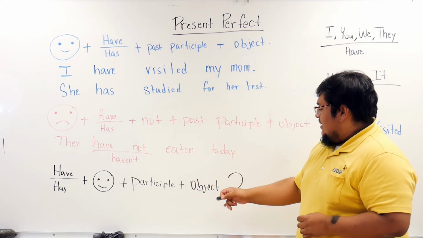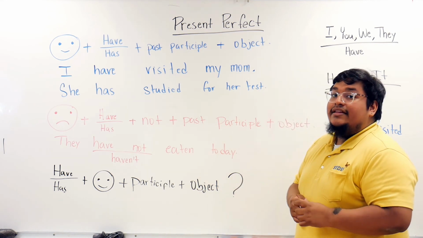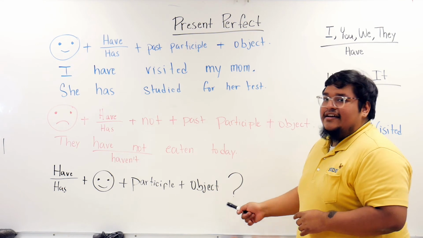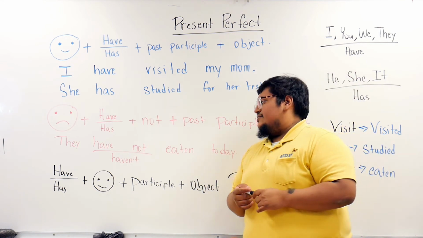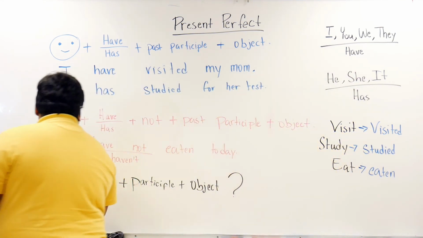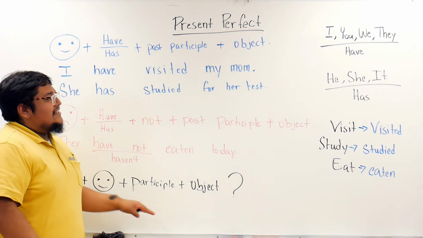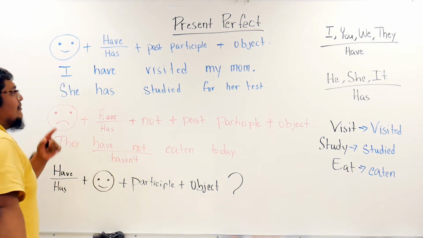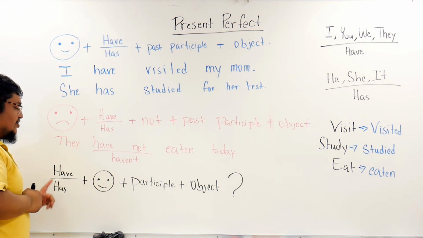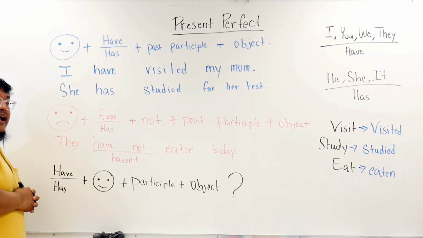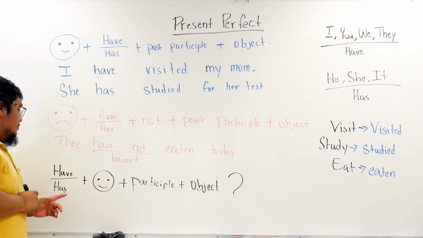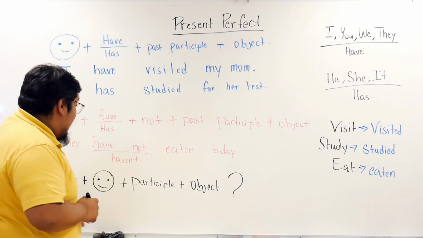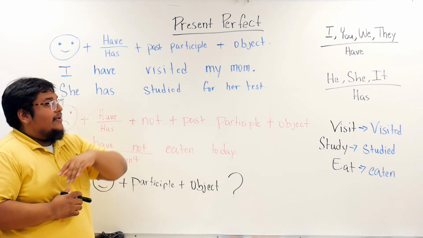After that, we need the object and the important thing, a question mark, because we're making questions, okay? So let's say that for this sentence, I want to talk about he, okay? If I'm using he, what auxiliary word should I use? Should I use have or has? We will be using has, okay? Because we're speaking about he.